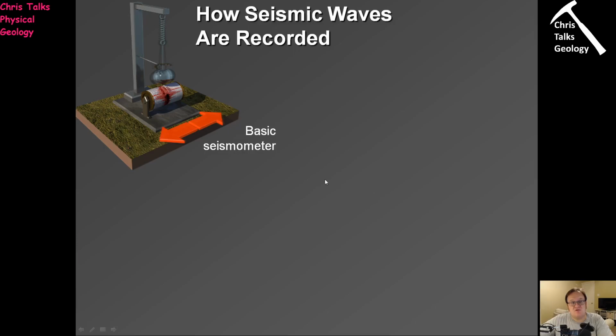Now, as a seismic wave passes through, the seismograph, which is attached to the ground so it can sense the seismic waves, will cause the pendulum to swing, and that will be seen as lines being drawn on this reel of paper.